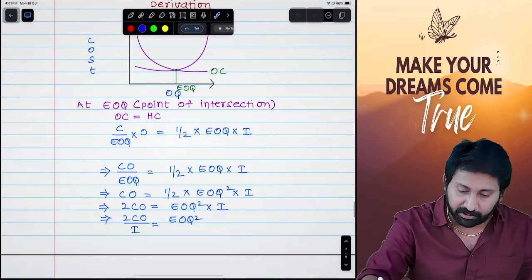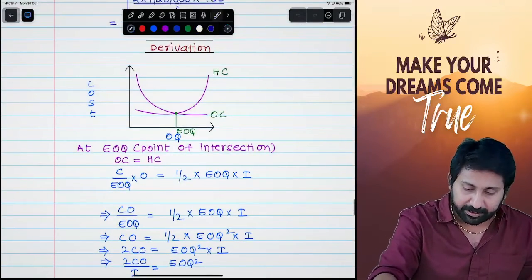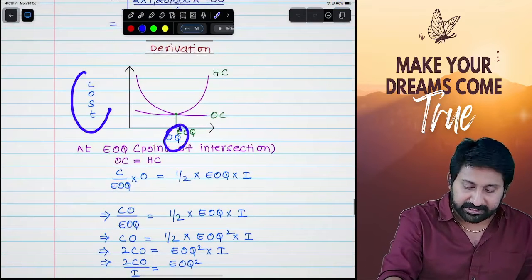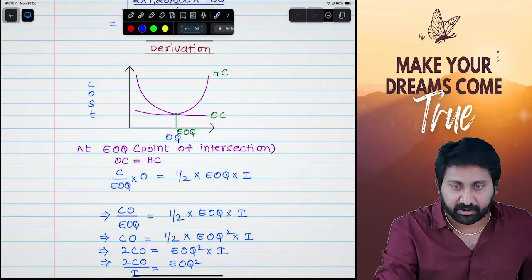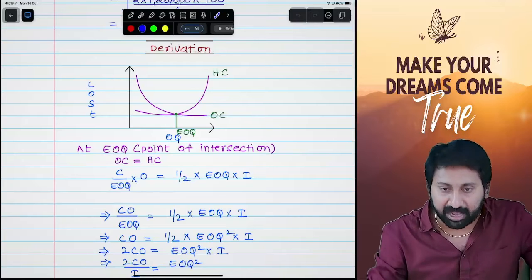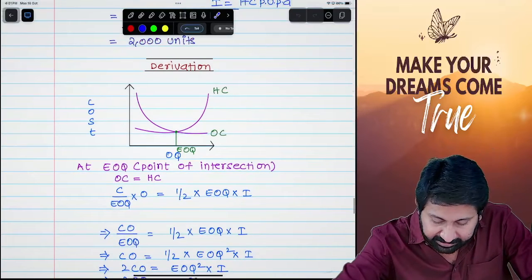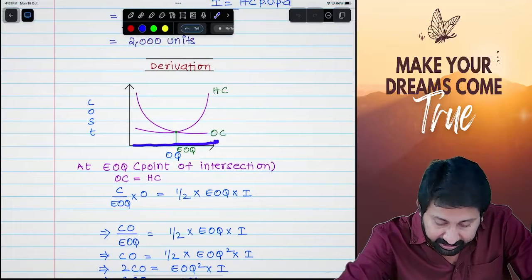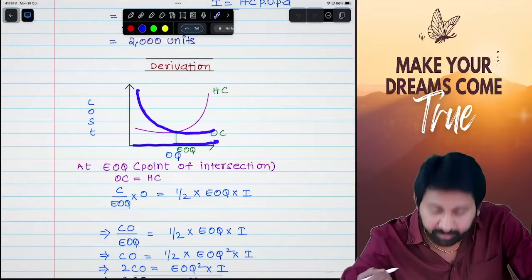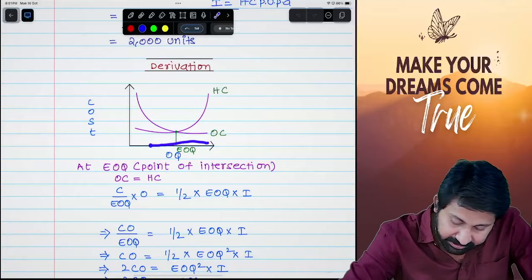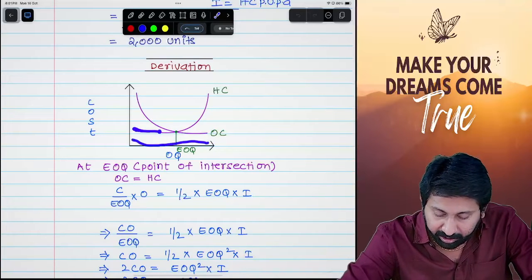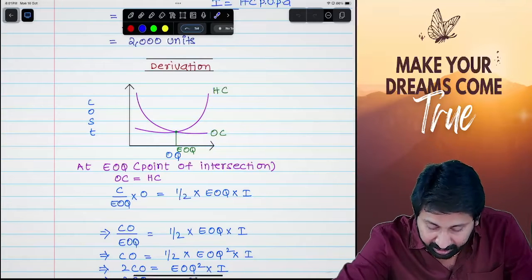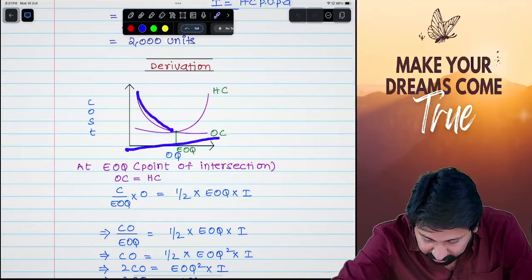See here, I will give you a good example through this particular diagram. This is the ordering quantity, and this is the cost. Now what will happen? As the number of units increases, ordering cost will fall.